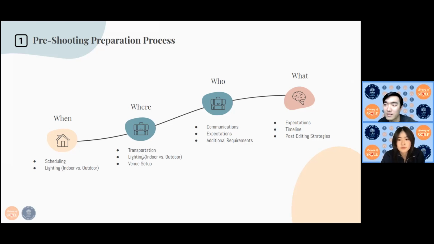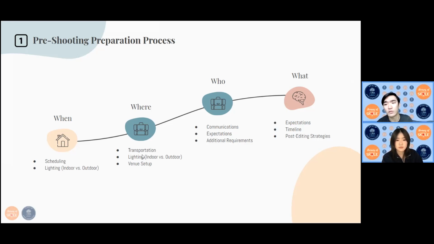So it's always good to be prepared before a shoot, and in order to do that, you can follow a checklist when you need to do any photography for either a client or a friend. First is to figure out when this photo shoot is going to happen. Do you have any scheduling conflicts?